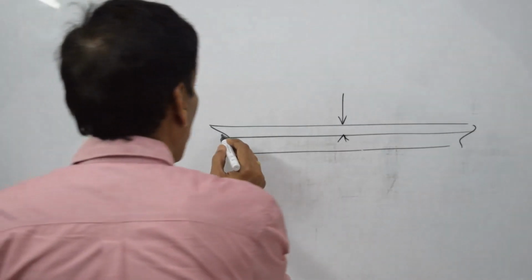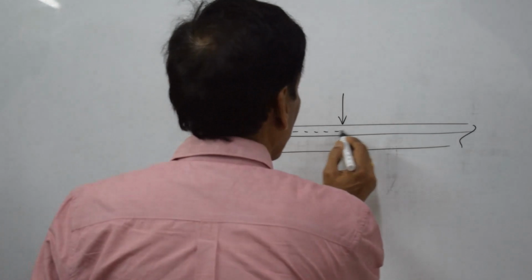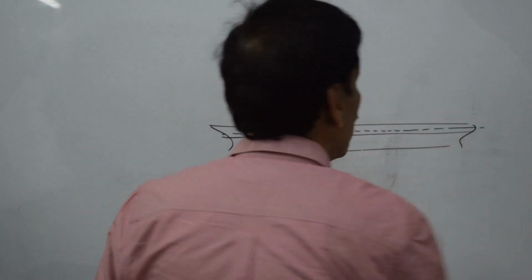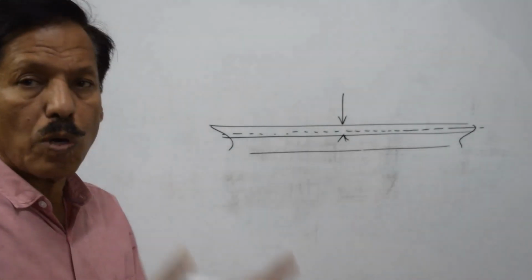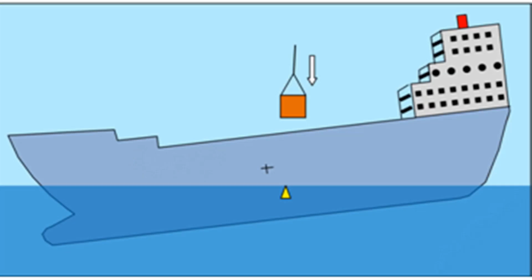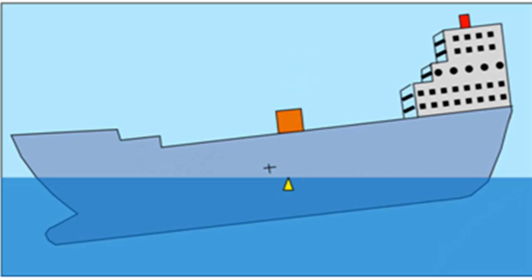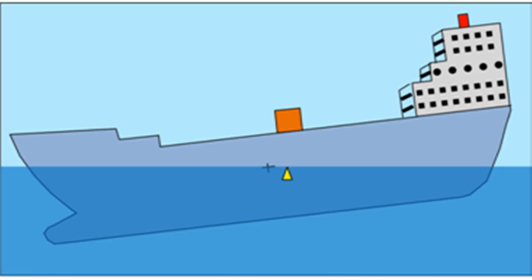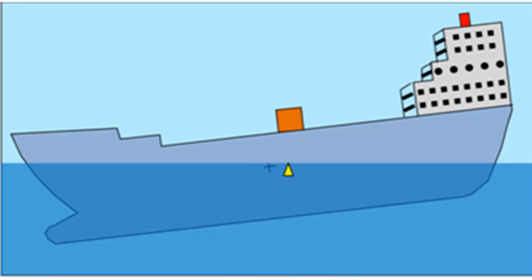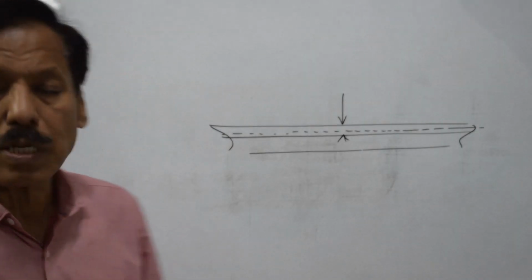The ship will bodily go up and down, bodily rise and bodily sinkage. Bodily rise or bodily sinkage will be uniform throughout the ship's length. So this is an example whereby there is no change of trim, only a change of draft, which is uniform all over the ship's length.